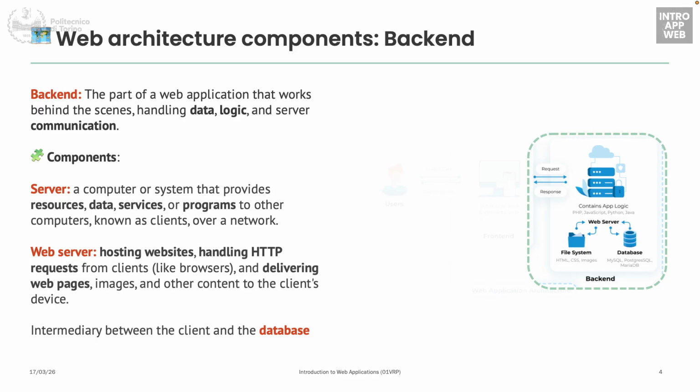Okay, and I was saying about a server. What is basically a server? It is still a computer, just that it is a computer that is specialized for a given task. So in this case we can have different kinds of servers. We can have servers that retrieve images. We can have servers that retrieve database queries. We can have servers that retrieve services. And there is one particular kind of server that is the one that we are going to implement or replicate here, that is a web server.